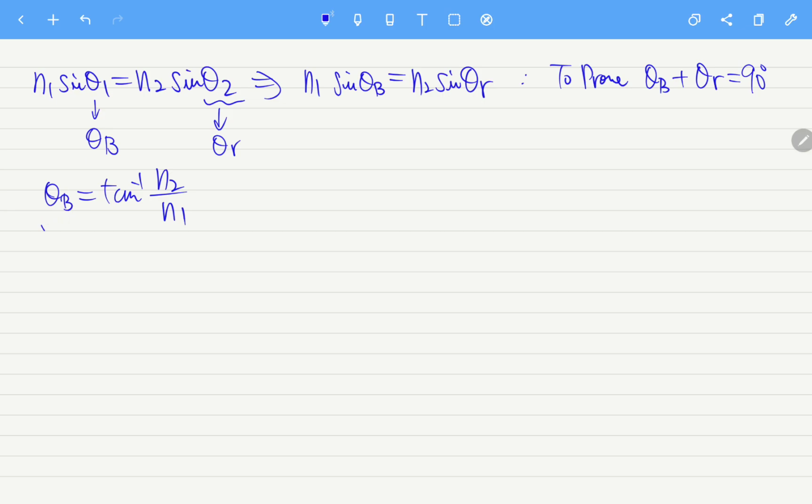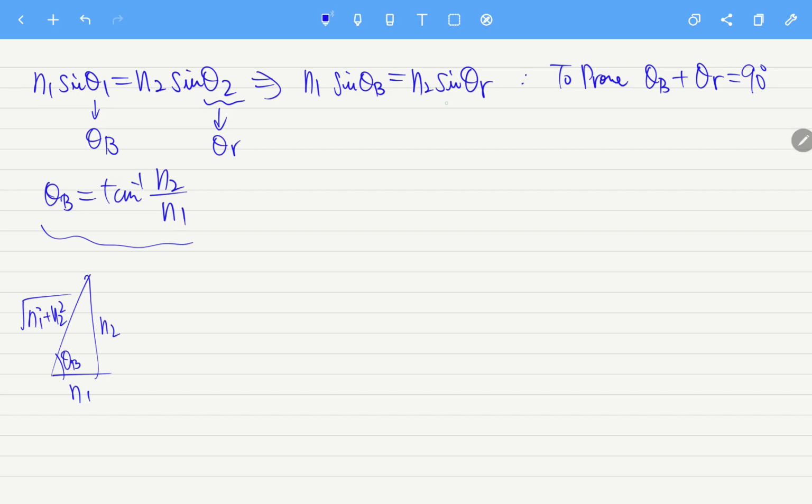Okay, so theta b is actually like this. We can draw it as theta b, with n2 on one side and n1 on the other, so the hypotenuse is square root of n1 squared plus n2 squared. This is theta b.